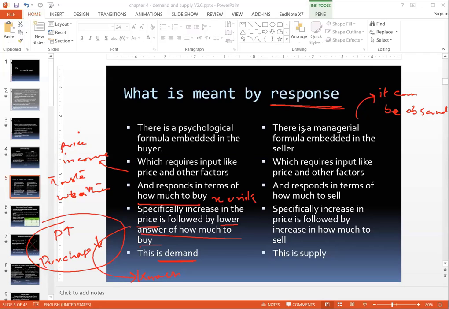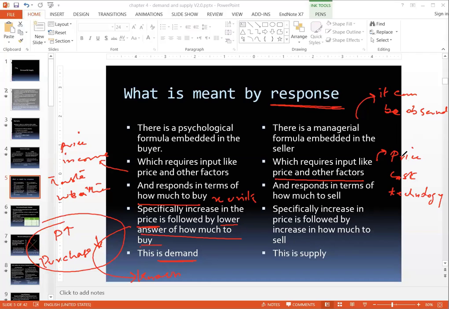A seller has this formula which requires inputs like price and other factors. So inputs are price, cost of the product, and there are many more, like technology, etc. We will go towards that in detail later on.